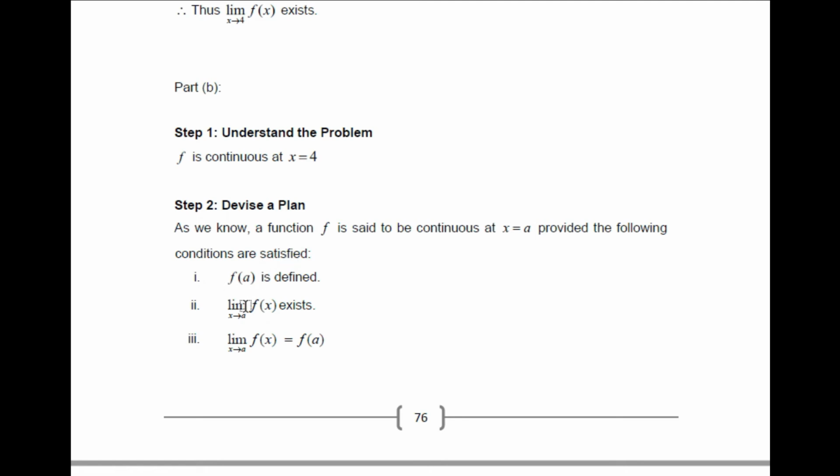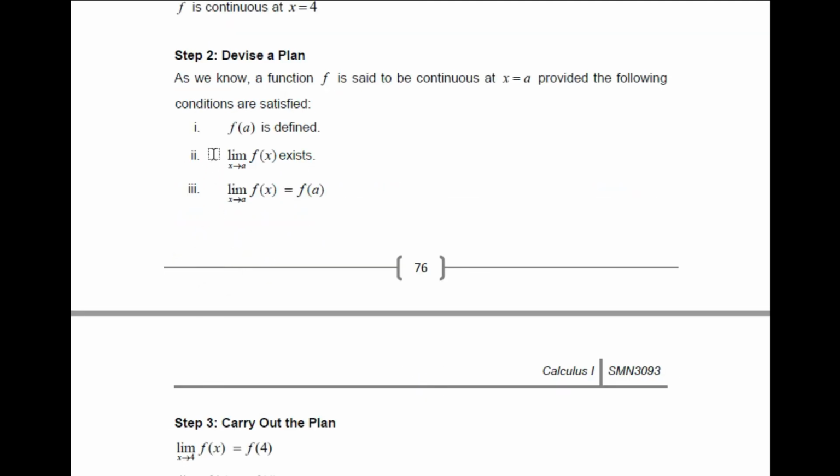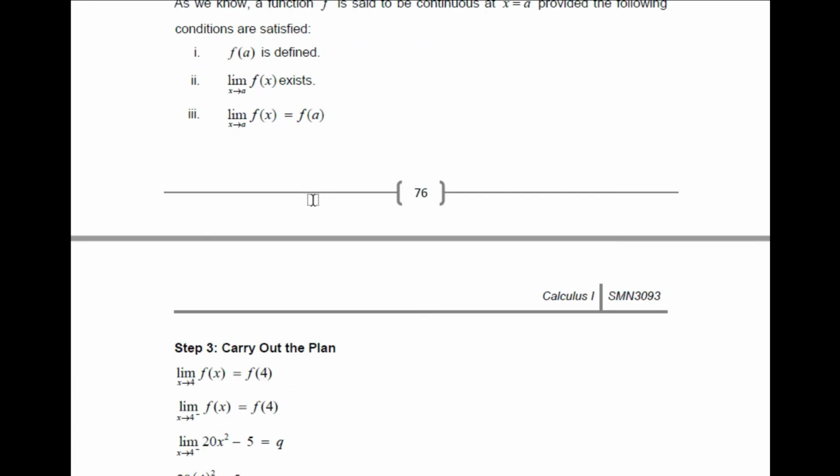It has 3 conditions. The first condition is f(a) is defined. The second condition is the limit of f(x) as x approaches a exists. And the last condition is the limit of f(x) as x approaches a is equal to f(a).